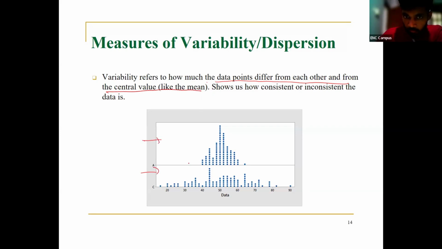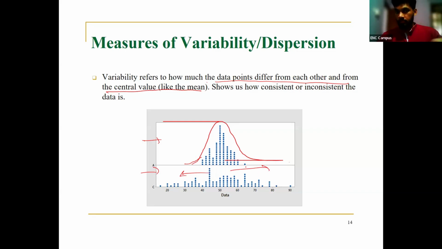One is more centralized to the mean. Most of the data points are gathered around the central point, that is the mean. Then in the second data set, there is dispersion, or the data points are scattered.